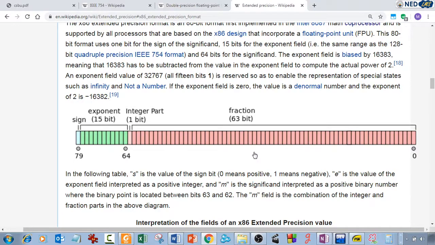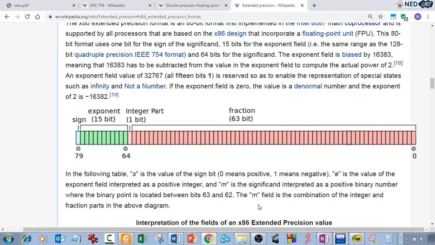It depends on the implementations. Some compilers might have 16 or maybe 12 bytes to store the extended precision. In my computer, we have 16 bytes for long double, 8 bytes for double, and 4 bytes for float.